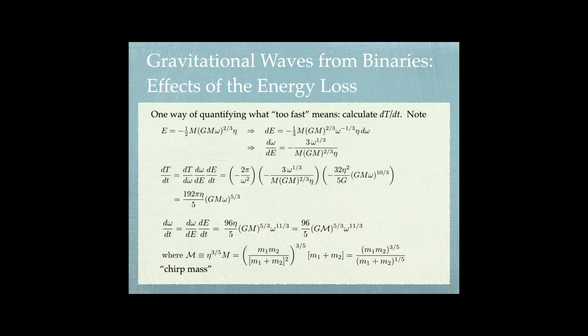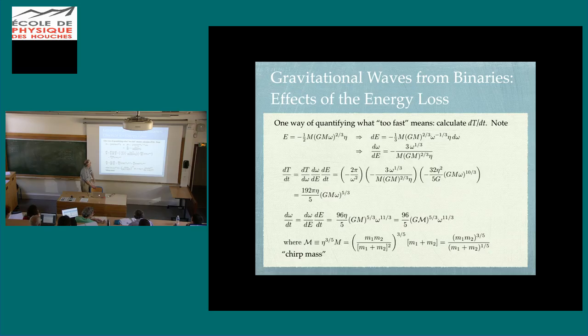So one way of quantifying what too fast means would be to calculate the rate of change of the period with respect to time. And this is a unitless quantity, and I can calculate it by calculating how does the period depend on omega, how does omega depend on energy, how does energy depend on time.